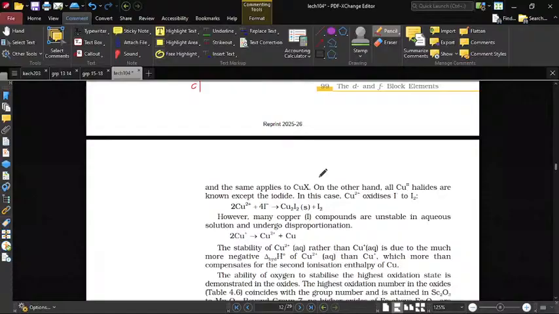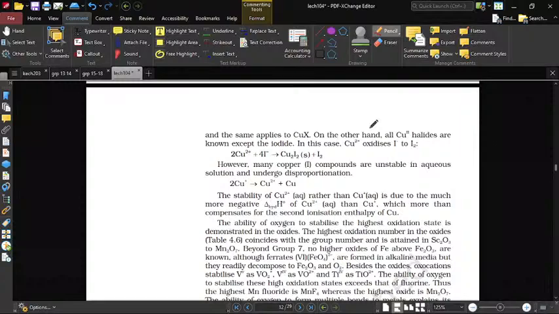The same applies to CuX. On the other hand, all Cu2 halides are known except the iodide. In this case, Cu2 plus oxidizes I minus to I2. Cu2 plus with 4I minus will give Cu2I2 plus I2.